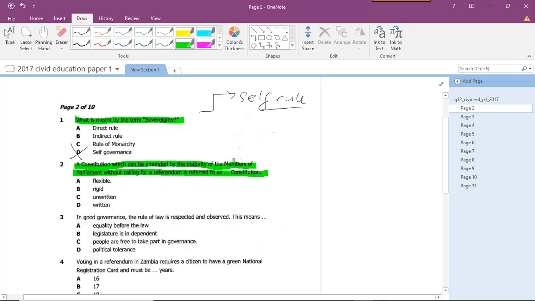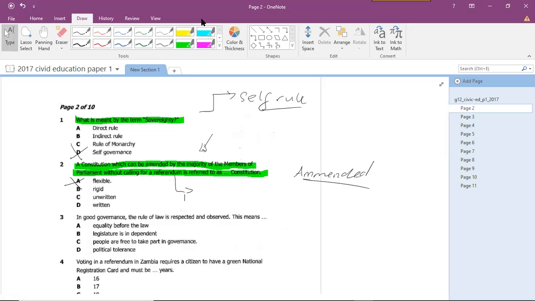Here people are not directly involved in the decision-making, so this constitution is known as a flexible constitution, because they are talking about how easily it can be amended or changed. The constitution can easily be changed just by a majority vote from the parliament without passing through a direct referendum where you refer to the people, so it's flexible, it's not rigid. So here our answer is A, a flexible constitution.